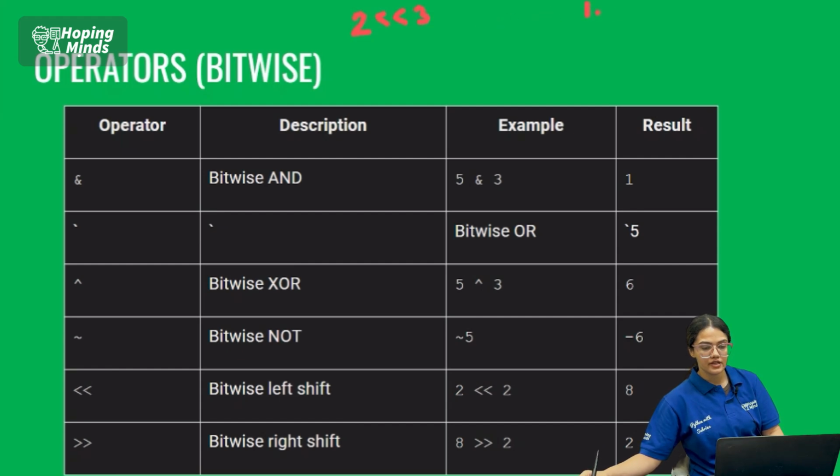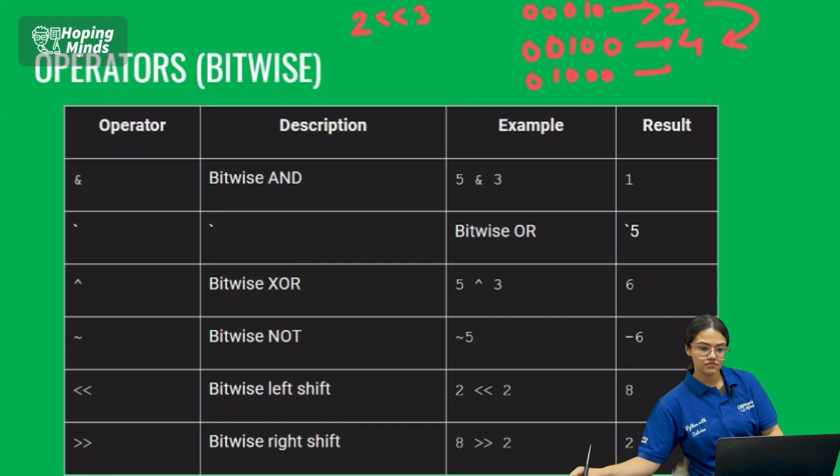So this is how you represent 2. Okay, and if you shift it again towards the left side, let me write more zeros over here. It will come out to be 0 0 1 0 0. This will become 4, and this is when you do the first shift. The next shift is 8, the second shift, and the last shift, 1 0 0 0 0, gives me 16.